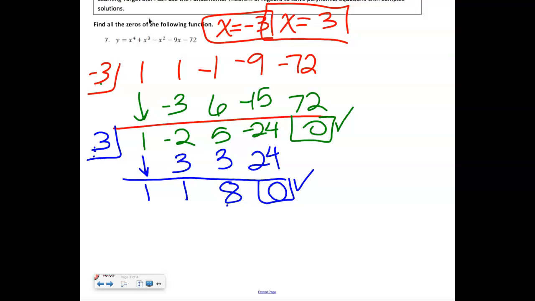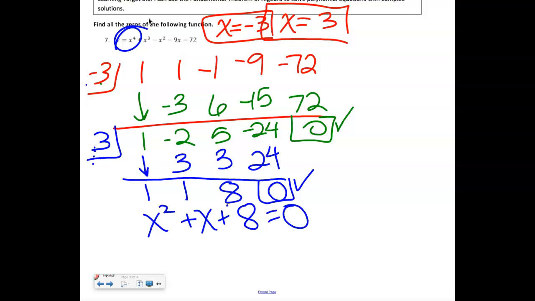And now this is our new thing we talked about yesterday. If I started with x to the fourth and I just synthetically divided twice, where do I start here? X squared. Okay, so I have x squared plus x plus 8, and this equals 0.